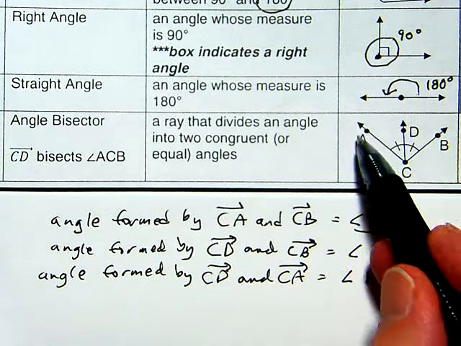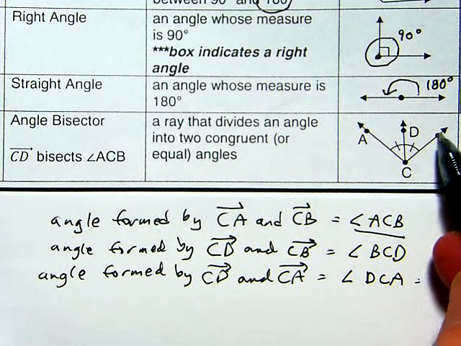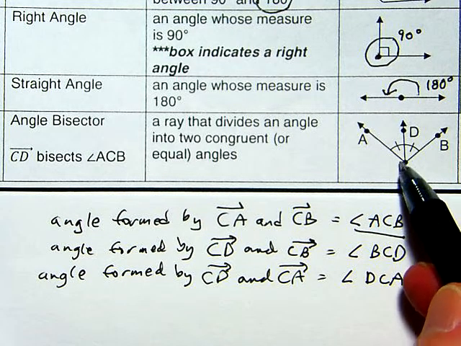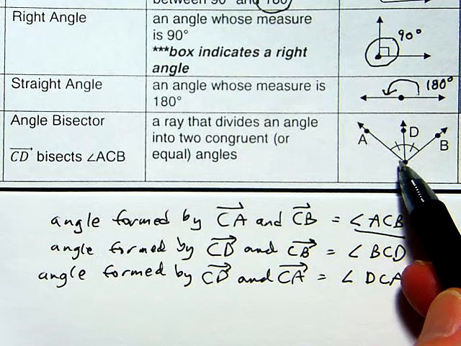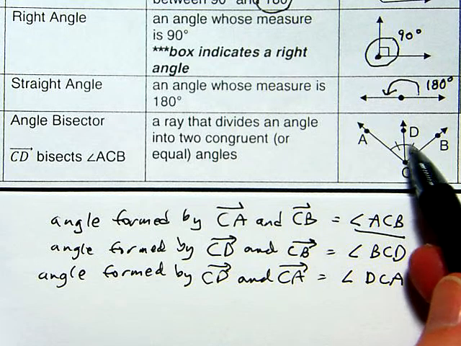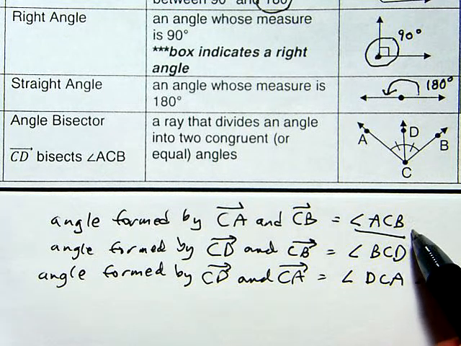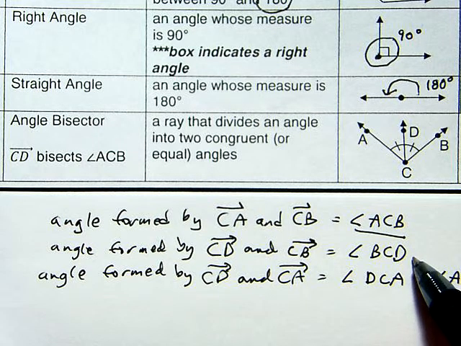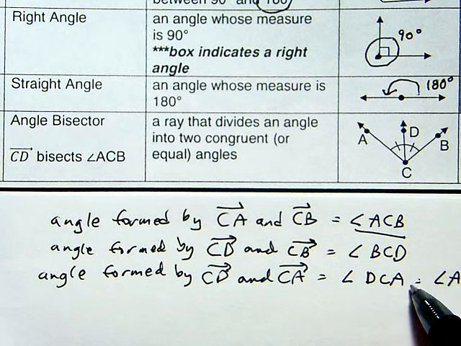Okay, that was formed by the outermost sides. By then placing ray CD in the middle, we have divided the original angle that existed, ACB, into two equal angles. One of them is BCD, and one of them is DCA.